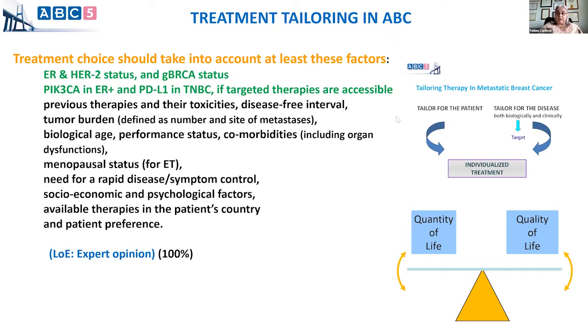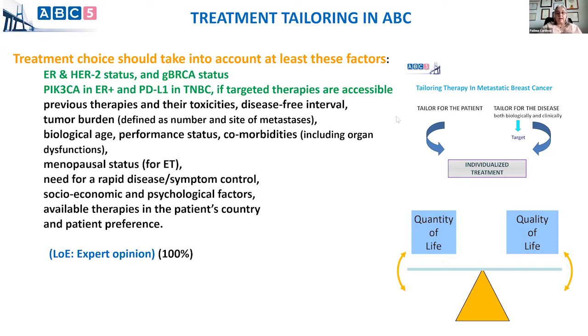How do we individualize the treatment? So we have to look at the patient and also look at the disease. Obviously, when we look at the disease, we have to understand the biology. What type of breast cancer are we talking about? Is there any biomarker, any specific target in that cancer that we can use to choose the treatment?